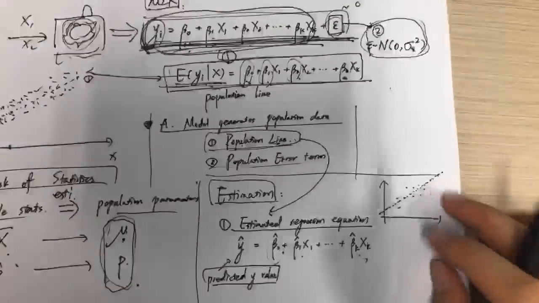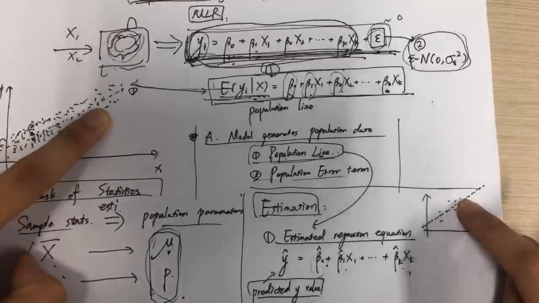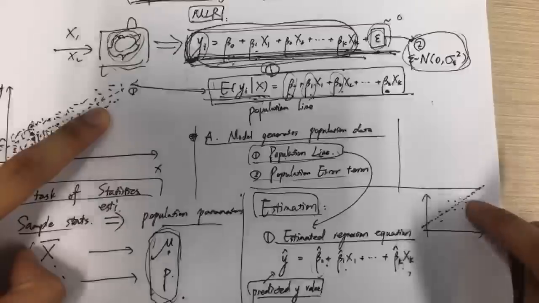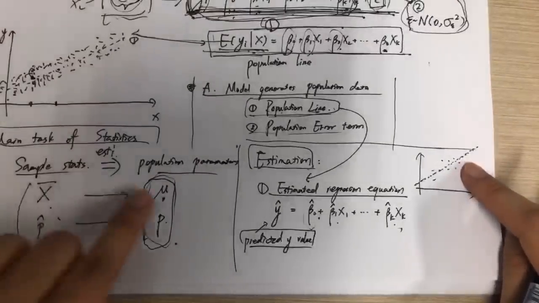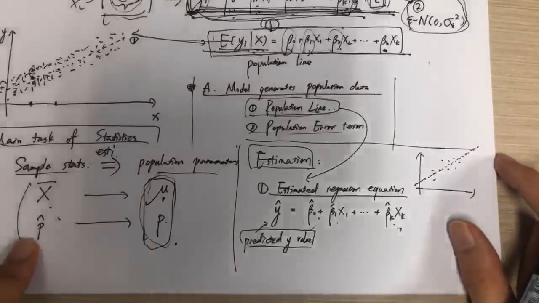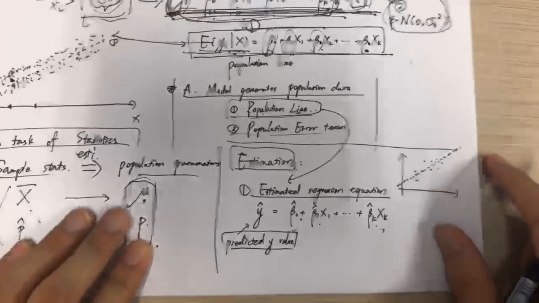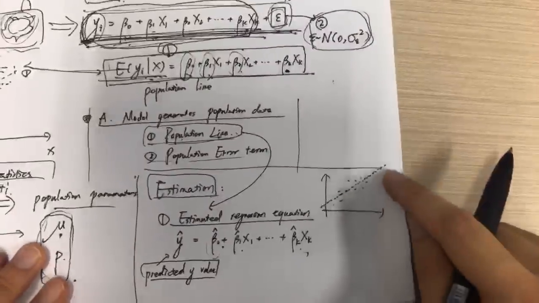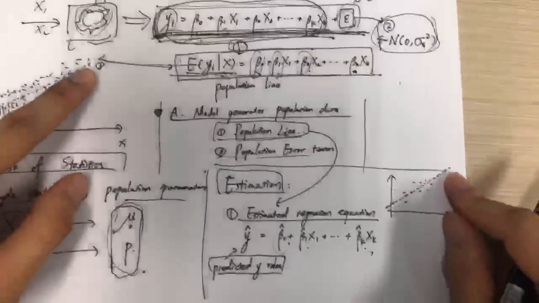And definitely this line will never be the same as the true population line, right? Just like your observed sample mean will always be different from the population mean. Sample proportion will always be different from the true value of the population proportion. And also the sample straight line will always be different from the population straight line.